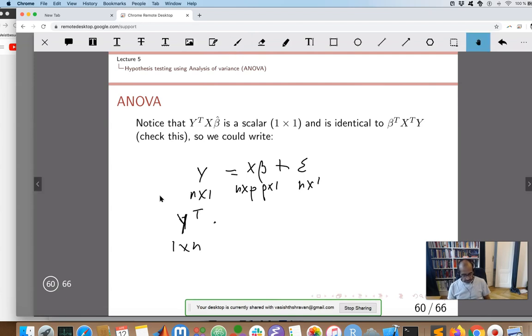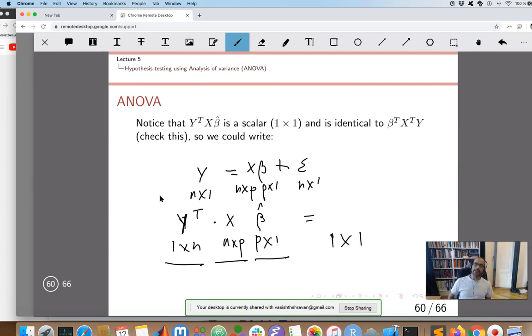X is an n by p matrix, and beta hat is going to be a p by 1 matrix. So if I multiply a 1 by n matrix with an n by p matrix and then multiply that with a p by 1 matrix, I'm going to get a 1 by 1 matrix. That's a scalar. That's going to be a number. It's not going to be a matrix anymore.